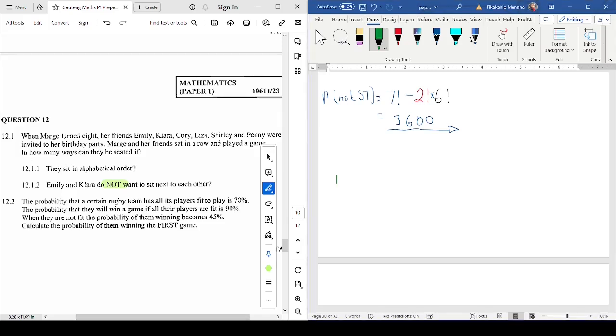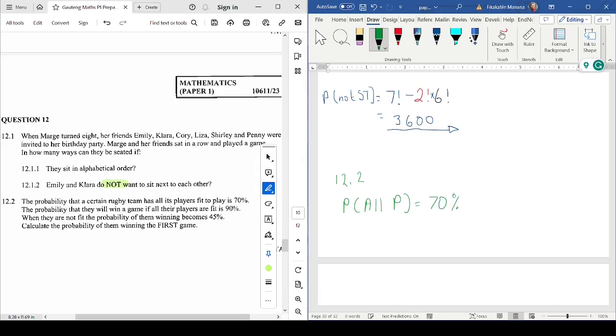Okay, so 12.2. What are they saying here? The probability that a certain rugby team has all its players fit is 70%. So the probability that all players are there is 70%, right?